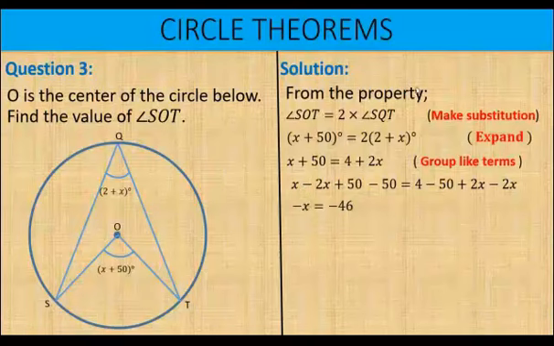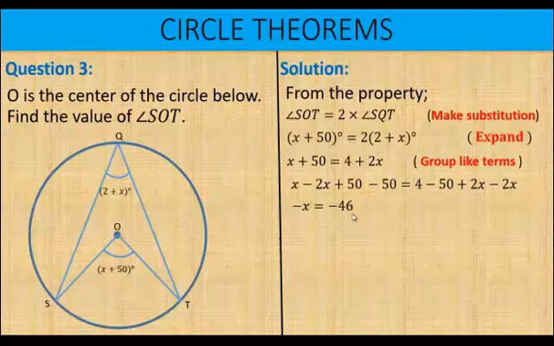And from that, x minus 2x will give us negative x. Positive 50 minus 50 would be 0. Then equal to, we bring our equal to sign. 4 minus 50 would give us negative 46. Positive 2x minus 2x would be 0. Now, negative x is equal to negative 46. But we want to find x.